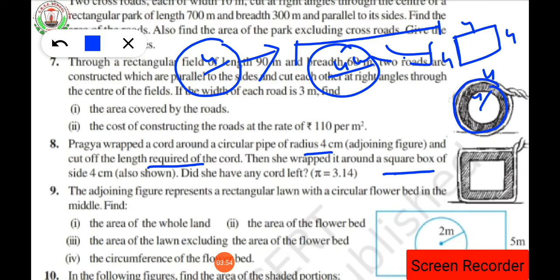A square box is made by that cord only. Okay. Now did she have any left over? That means after cutting the length of the cord from the circle whose radius is 4 and making it into a square box whose side is 4 centimeter, whether some cord is left or not, we have to calculate.